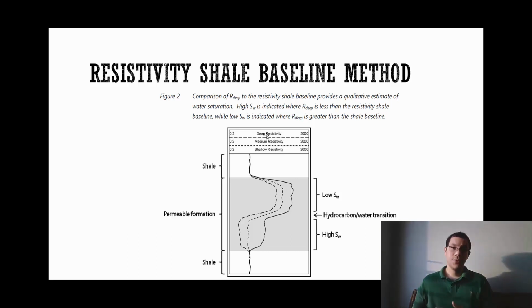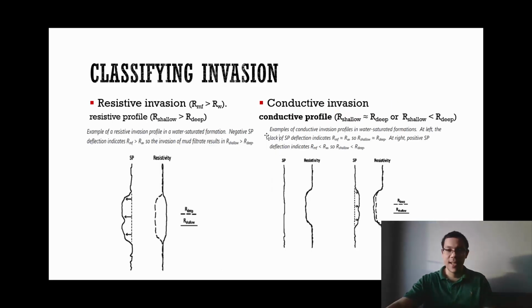That induction tool in particular gave you distances from the center of the tool into the formation of 10 inches, 20 inches, 30 inches, up to 90 inches. So when we say deep, it is your readings further into the formation. When we say shallow, we're talking about the closest measurement, and medium is some value in the median. So this is an example of a resistive invasion with a resistive profile and a conductive invasion with a conductive profile.